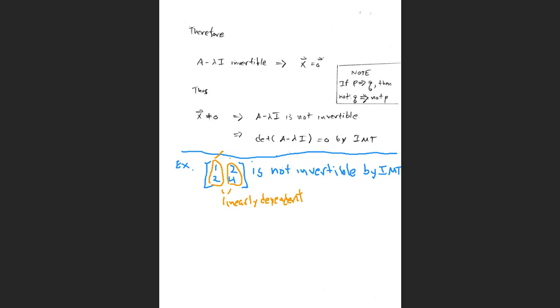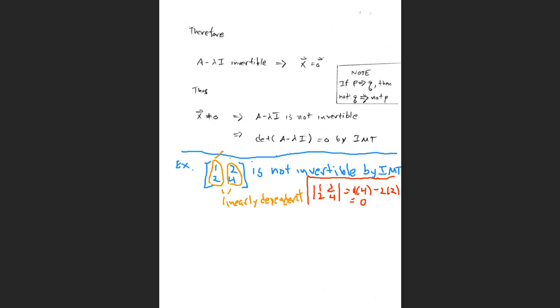Well, now if you were to take the determinant of this matrix, you're going to get 1 times 4 minus 2 times 2, and that's 0. So that's just kind of an example.